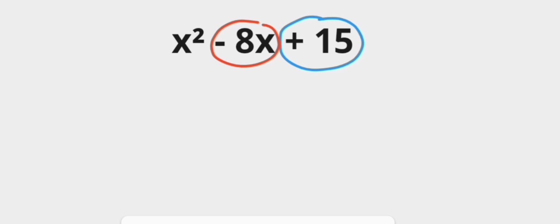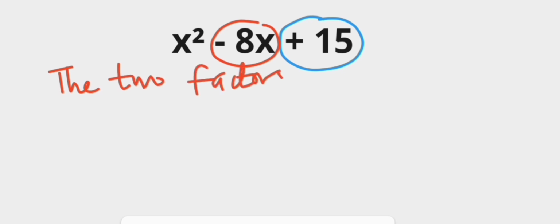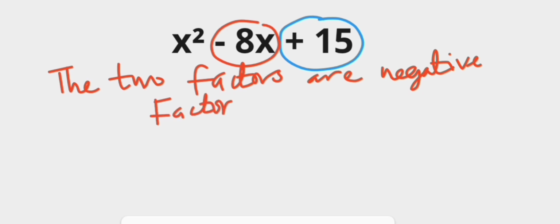What this means is that anytime we come across a quadratic expression or a trinomial like this, the two factors are negative. And with that done, we go for the factors and we go for their sum.